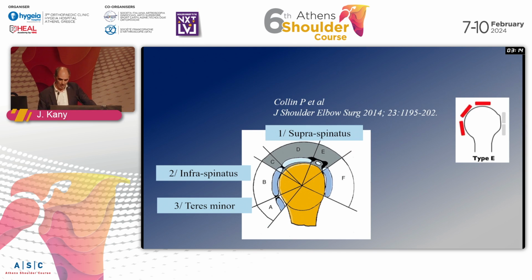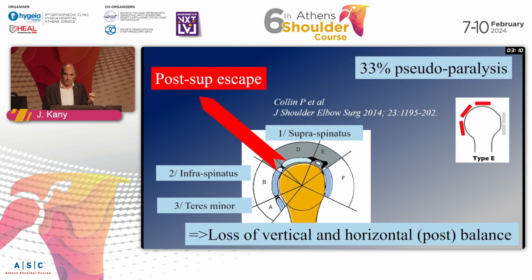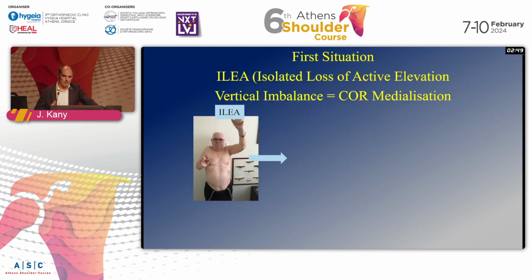On the opposite, when you have no supra, no infra, no teres minor, you have also vertical imbalance and horizontal posterior imbalance of the shoulder. We know we may have 30% of cervical shoulder, and with a posterior superior escape, maybe it's less frequent because you have the vault of the spine of the scapula, which could help for the elevation of the shoulder. But anteriorly you have nothing.